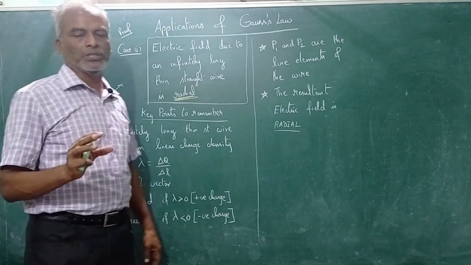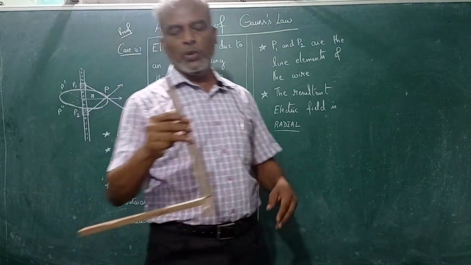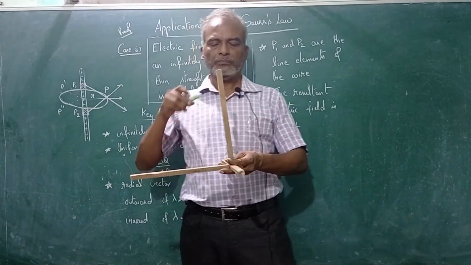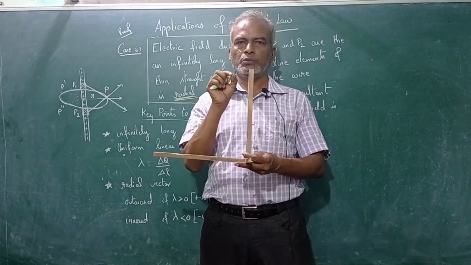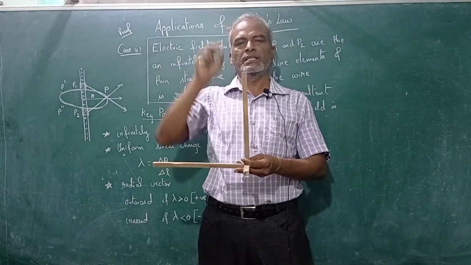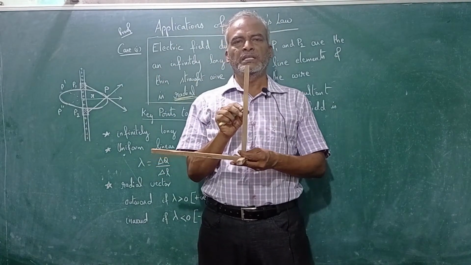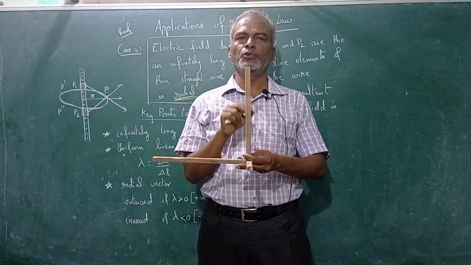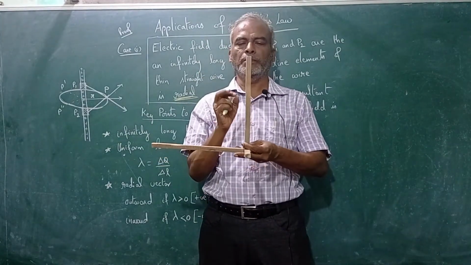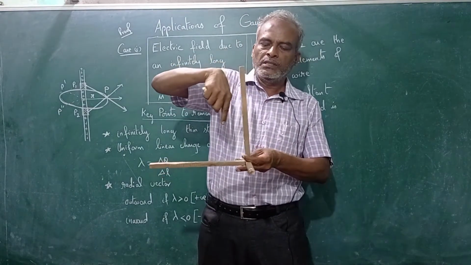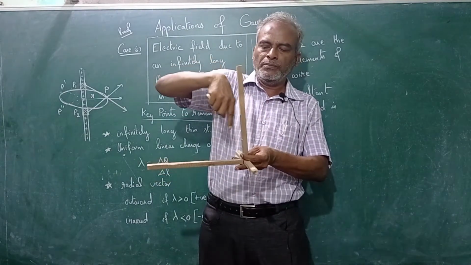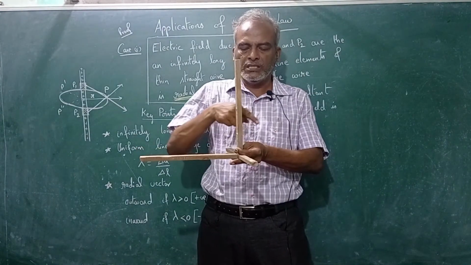But how to view this is important. For example, assume this is the very thin wire with infinite length, uniform density. Charge density is uniform throughout, very thin wire. Now you assume a cross section which is circular.